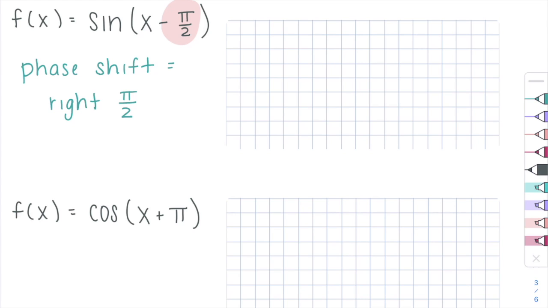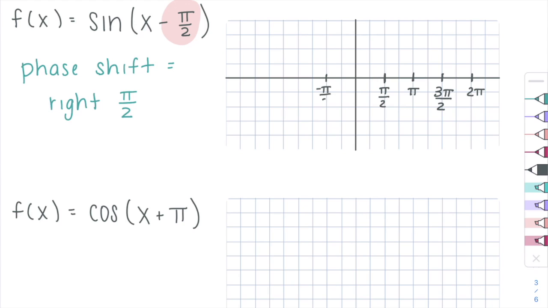So first let's go in and draw our x-axis and draw our y-axis. And then let's go in and label. So just to make this a little bit easier for us to see, I'm going to count by blocks of 2. So this will be pi over 2. This will be pi, just so I can space it out a little bit more for you to be able to see. 3 pi over 2. 2 pi.